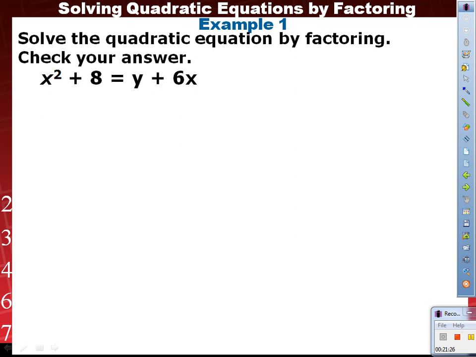I want you to solve it, graph it, and check it. Ready, go. Try and see if you can do it without looking at the process, unless you get stuck, then look up to the process. I left example number 1 up there for you as a reference.